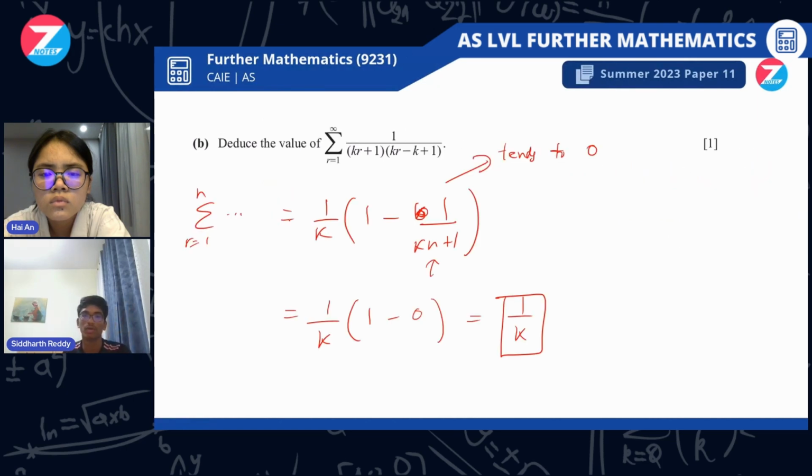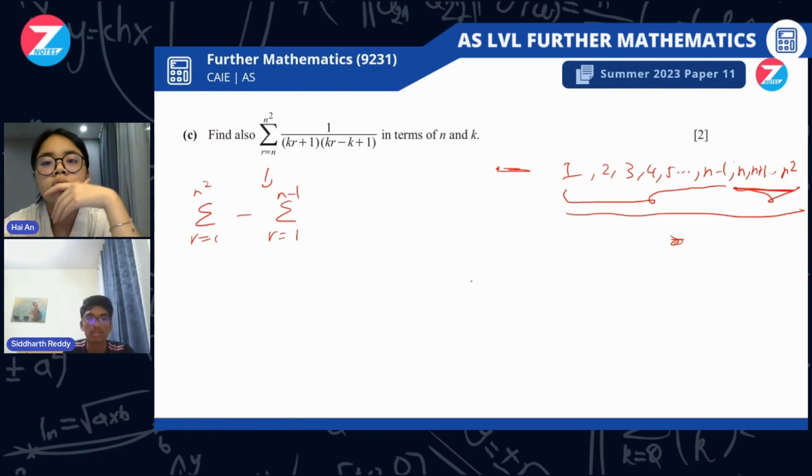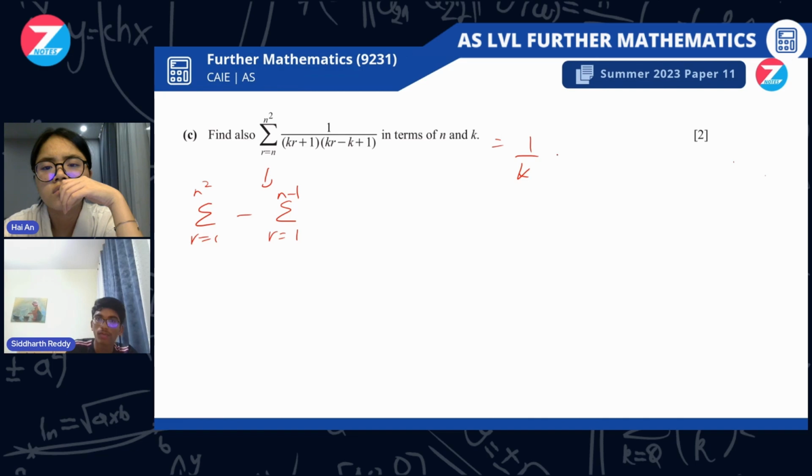So we know that the sum for 1 to n is equal to 1 by k into 1 minus 1 by k to the n plus 1.